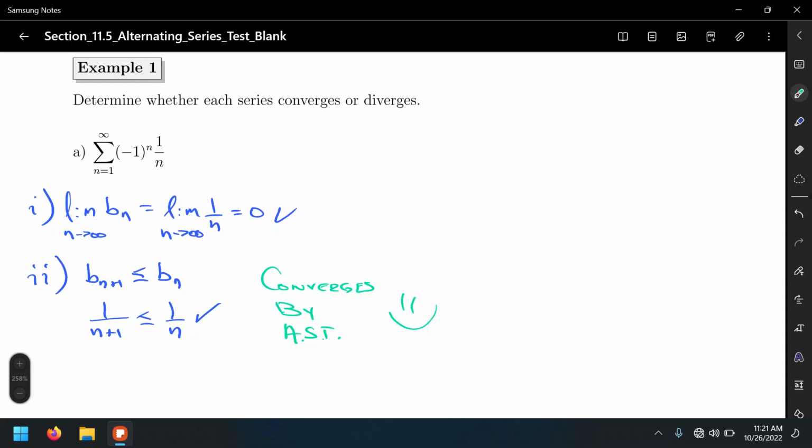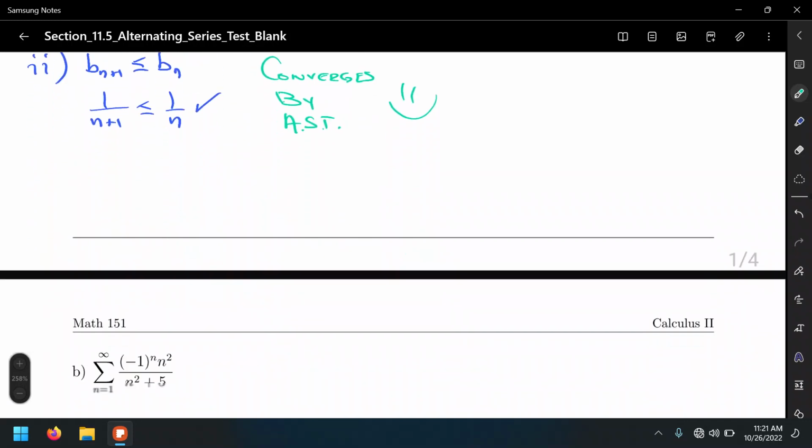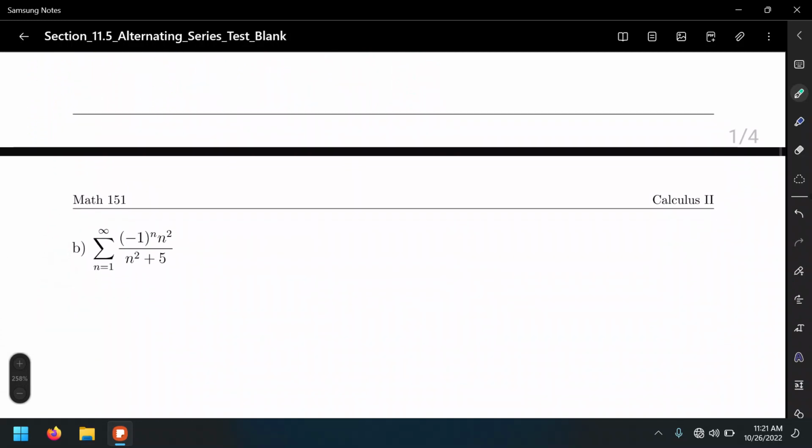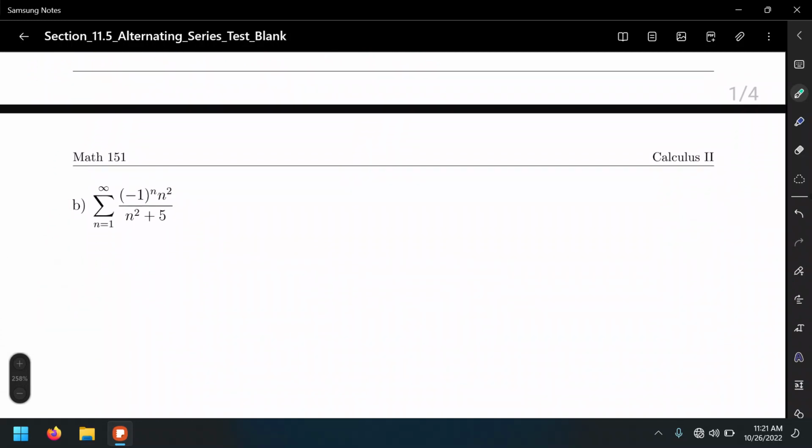Okay, let's have a look at another example. On the next page, what do we have? Sigma n equals 1 to infinity, negative 1 to the n times n squared over n squared plus 5.